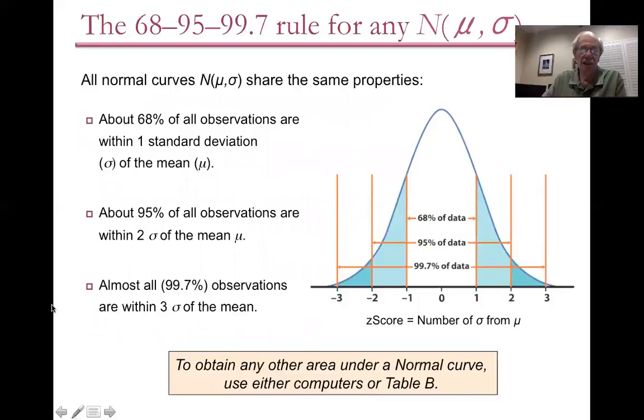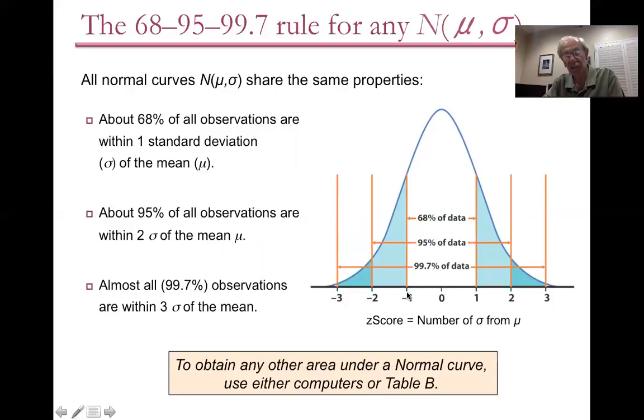Okay, so here's kind of a rule, and this is a nice little rule. 68% of the data, you have a population. And I'm going to reduce it to the standard normal curve, but it doesn't have to be. We'll go back and talk about that. But 68% of the data, approximately, is between one standard deviation below the mean.